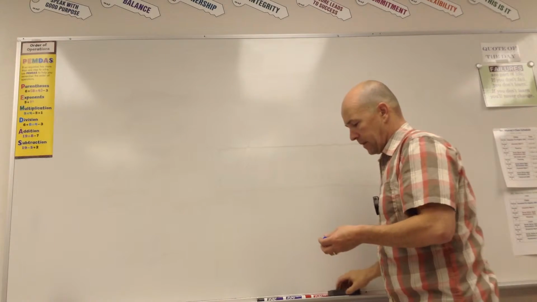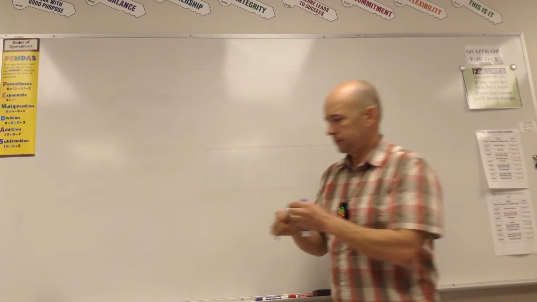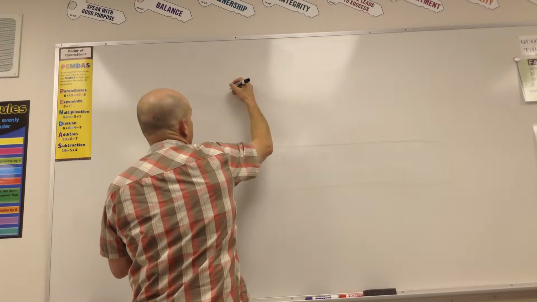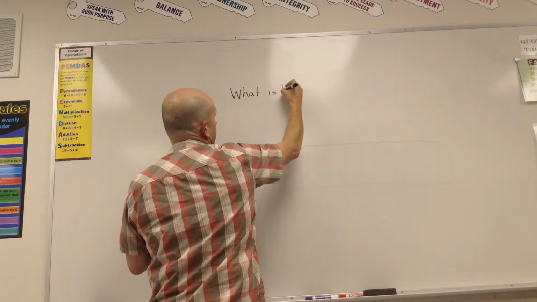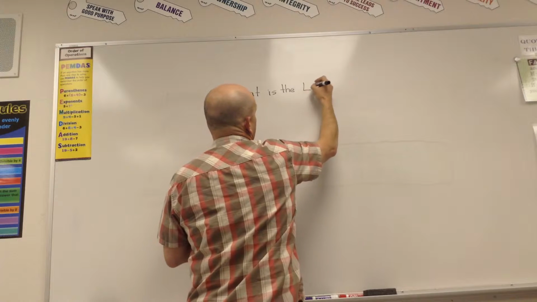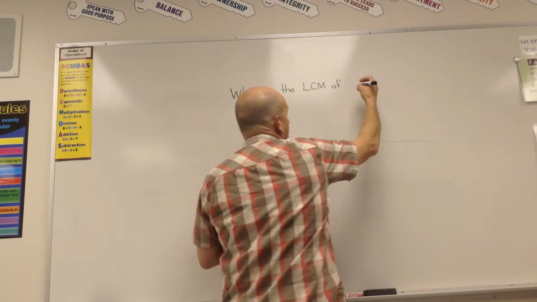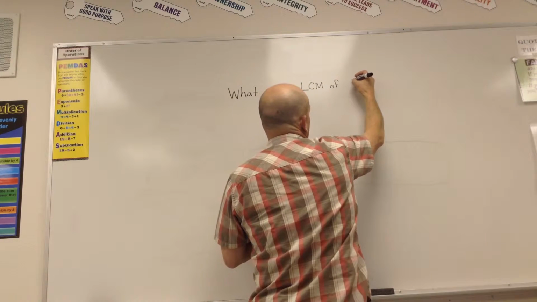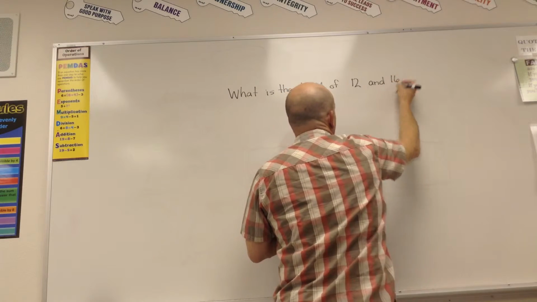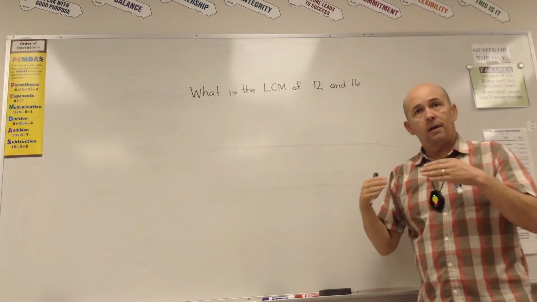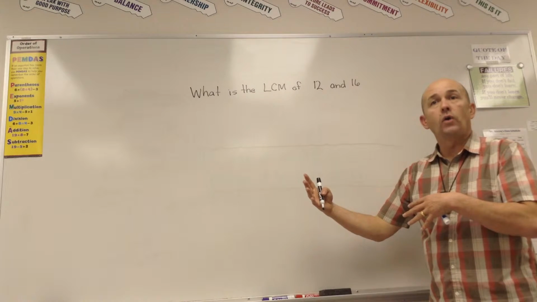All right, so let's say that I want to find the least common multiple of, let's just keep it fairly easy, 12 and 16. I want to know what is the smallest number that both 12 and 16 can go into.